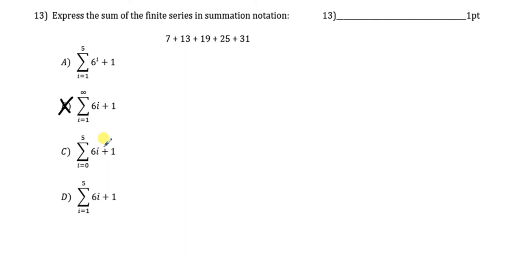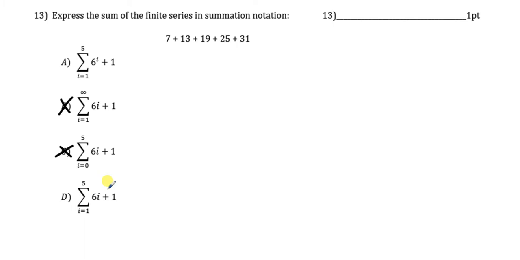And if I look at this one, 0 to 5, that's actually 6 terms. We have 5 terms here, so it can't be that one. Now I put I as 1 into this equation.